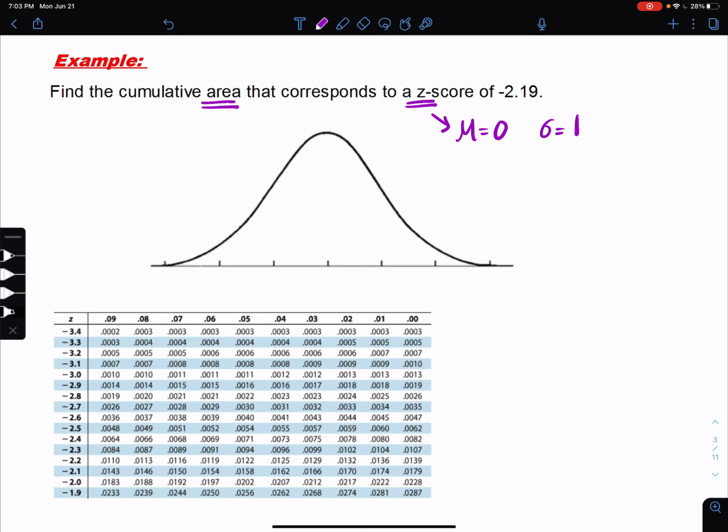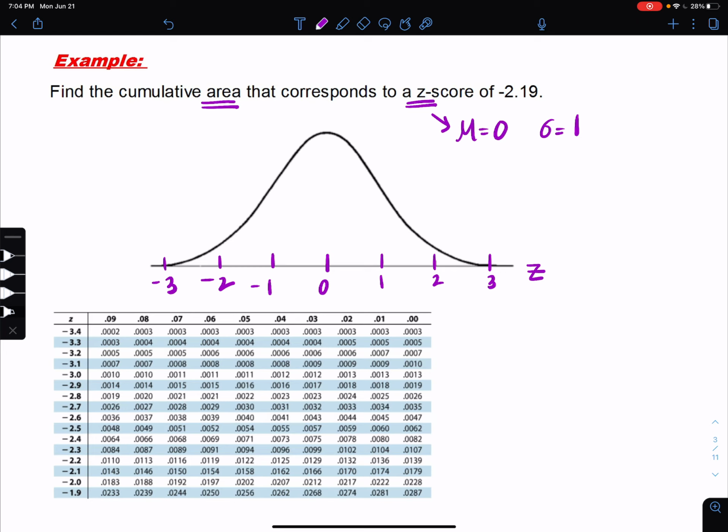So what I'm going to do first here is go ahead and sketch out the standard normal curve. It's centered at 0. It goes 3 standard deviations above and 3 standard deviations below the mean. Again, this is the standard normal, so things are defined in terms of z.